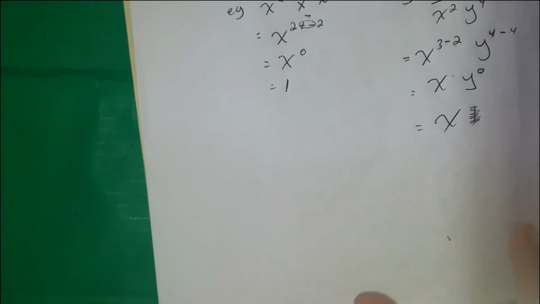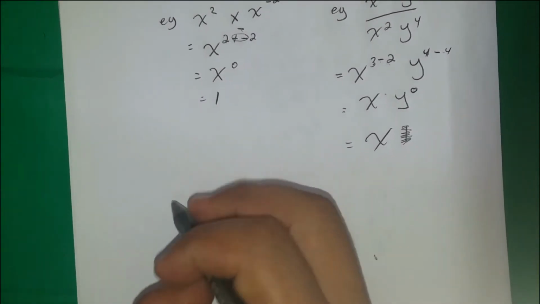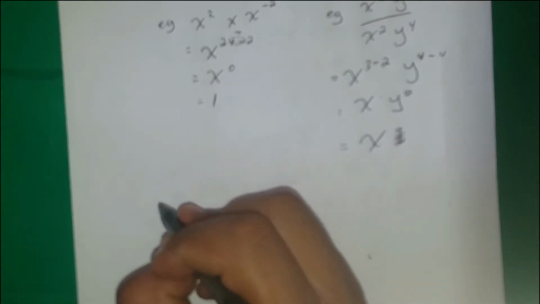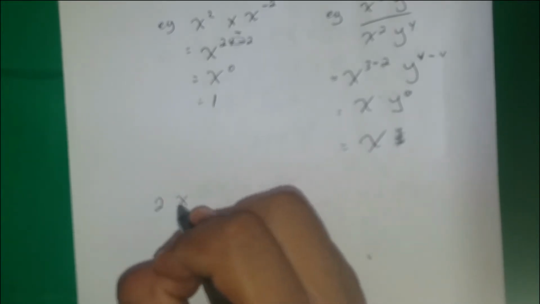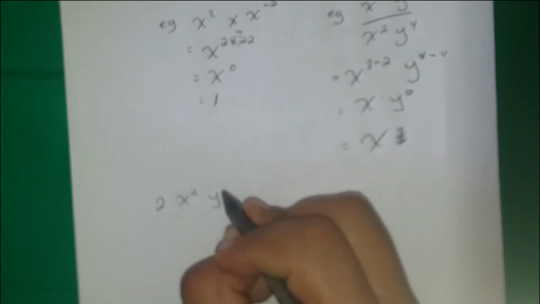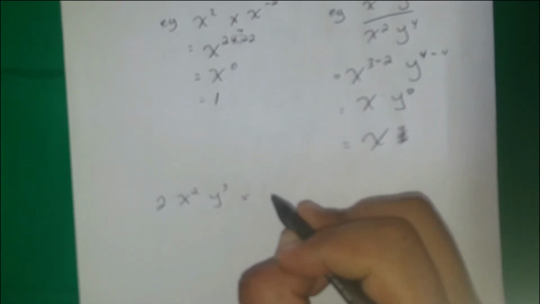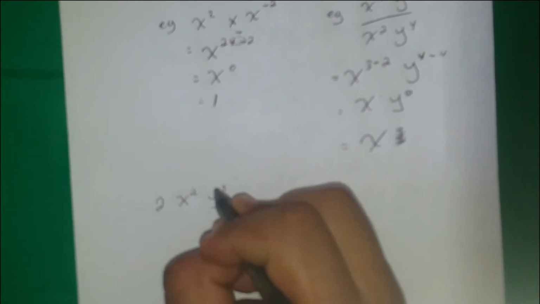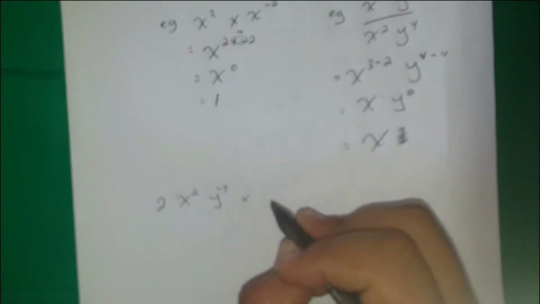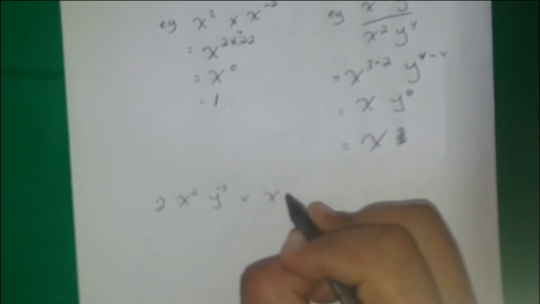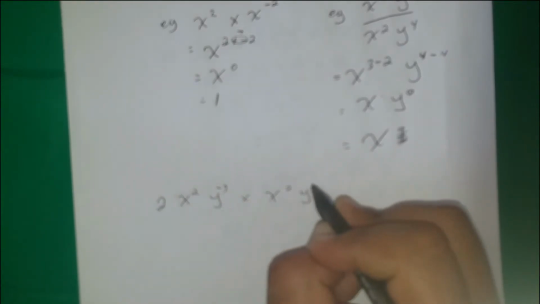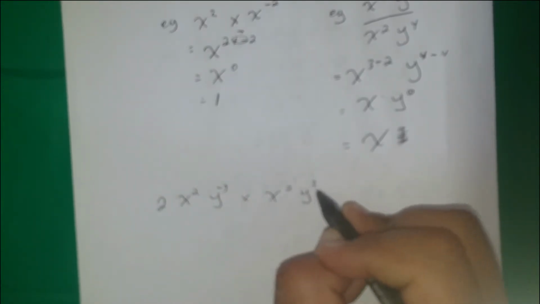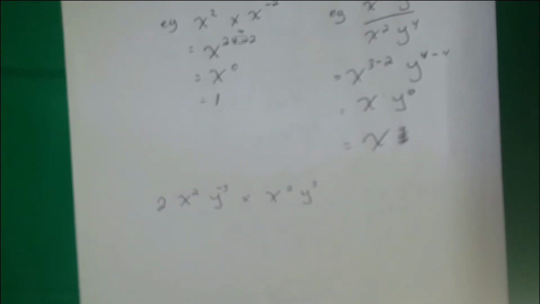One more example. If you have, let's say, 2x to the second, y to the third, times negative 3x to the second, y to the third. What would happen here?